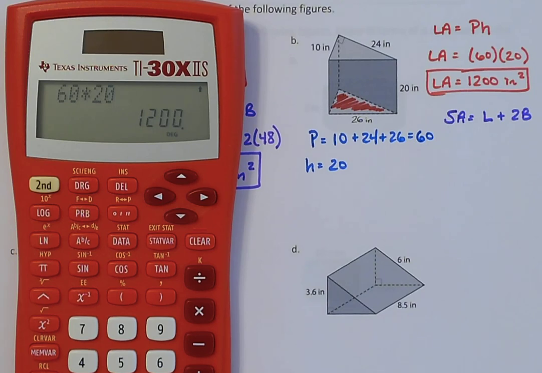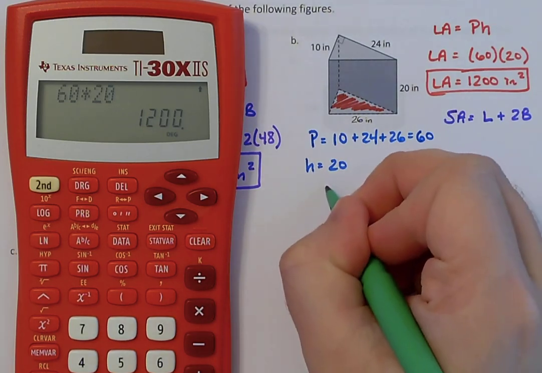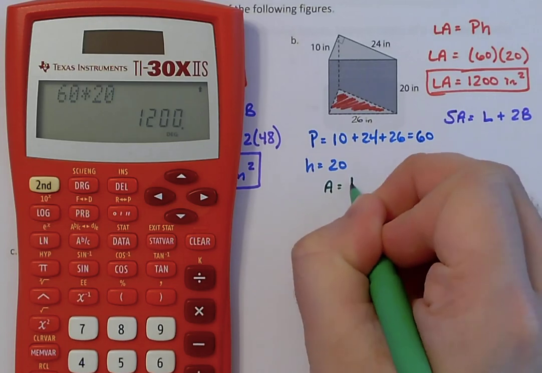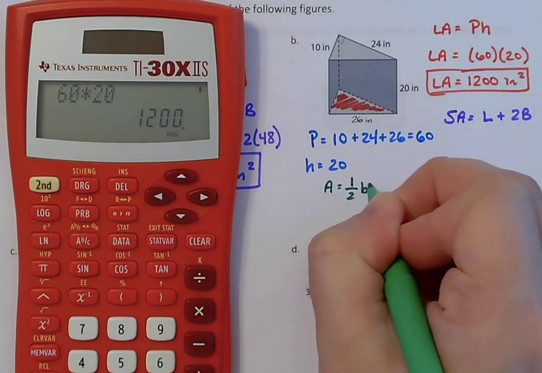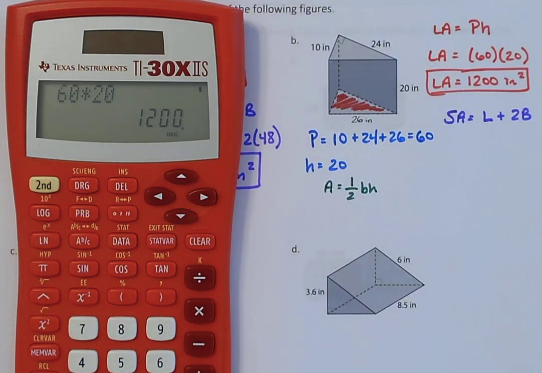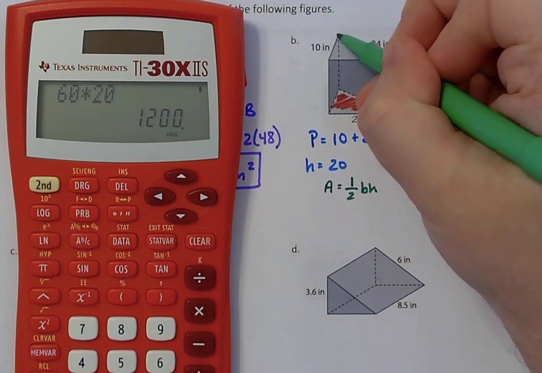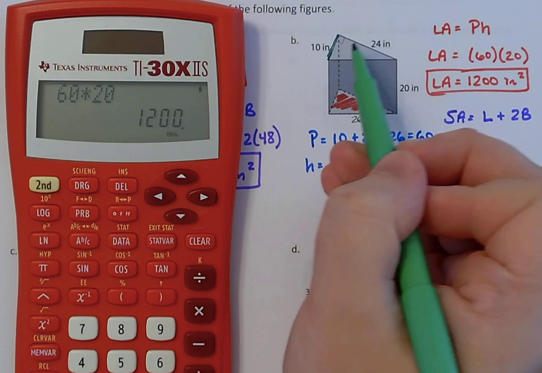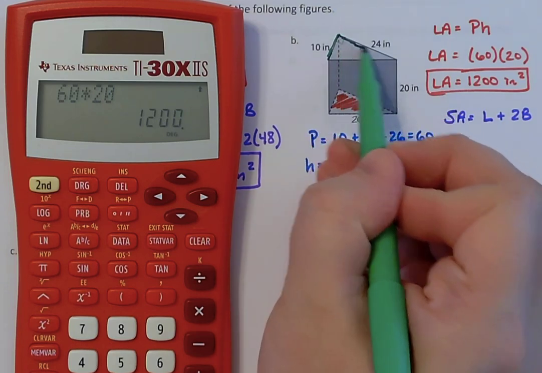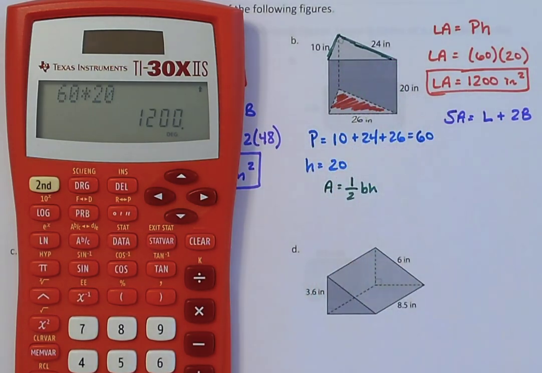Now, area of a triangle is 1/2 base times height. Now, because they gave us a right triangle, we do not want to use the hypotenuse for one of our numbers, yet we want to use the two legs. So that means we want to use 10 and 24 for our base and our height.